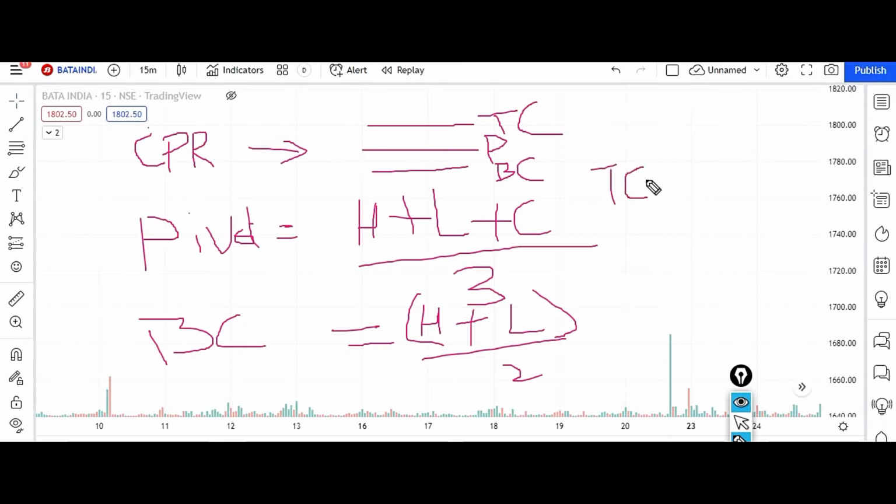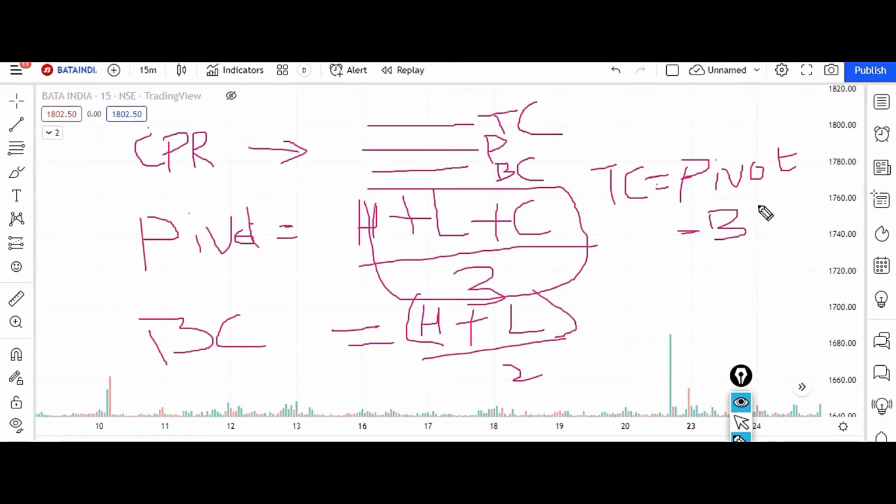TC, the top central pivot, is calculated by using the pivot: whatever value you get from pivot, minus BC, this BC value, in brackets, plus pivot, this pivot again.